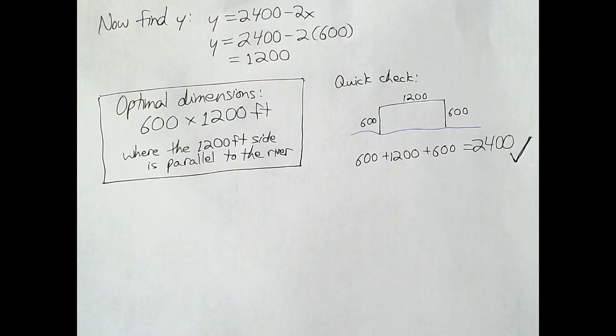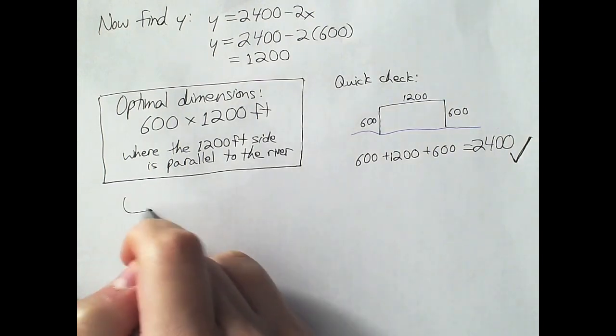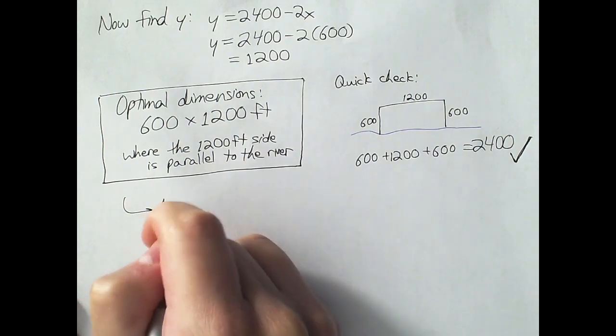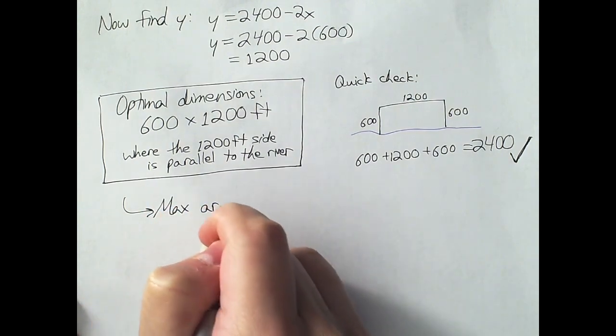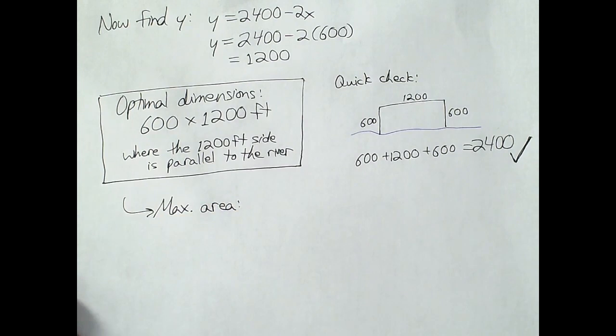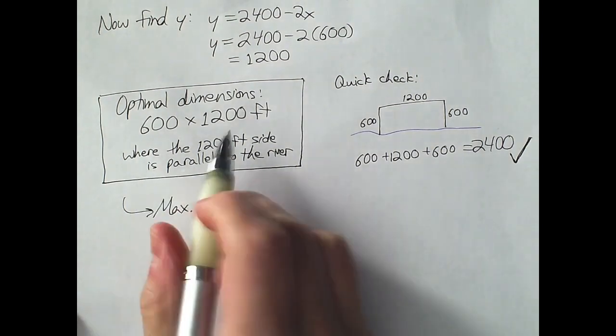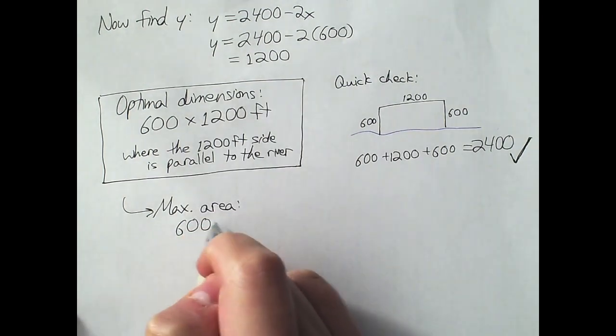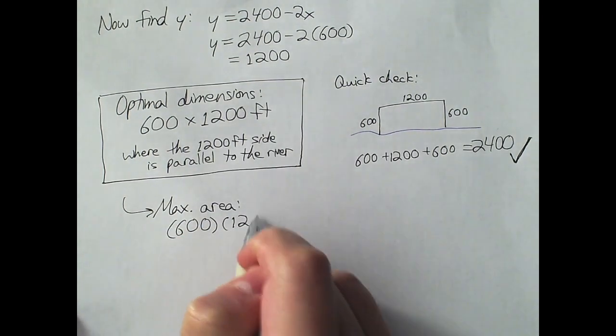As a side note, we found the optimal dimensions, but I'm also going to tell you what the max area is that we get. What if the problem asked you, what's the maximum area that you can get by building a rectangular field along a river like this with 2,400 feet of fencing? You could just do the length times width with 600 times 1,200.